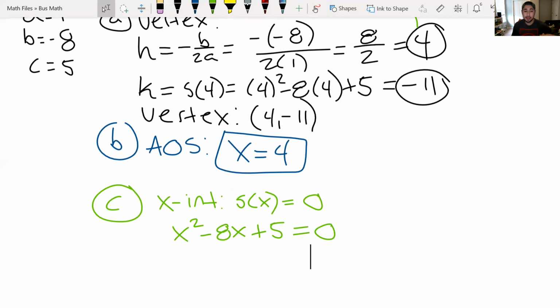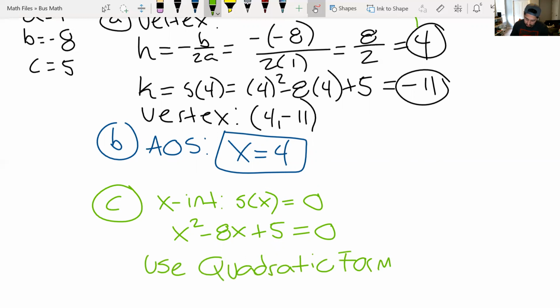Well, the only way to solve our x-intercepts then is to use something that we all love, maybe we all hate, who knows. In order to solve for x-intercepts, we must use the quadratic formula.